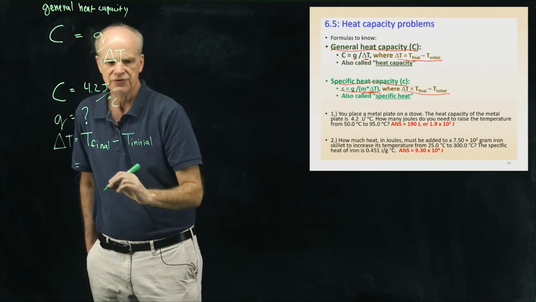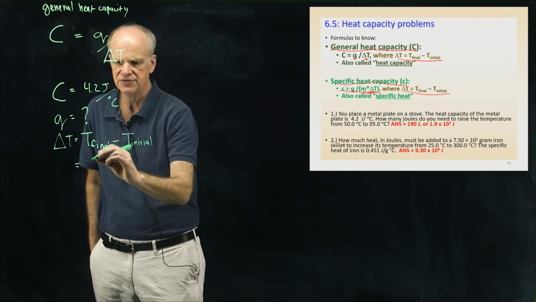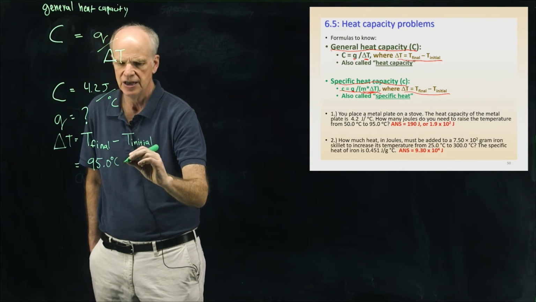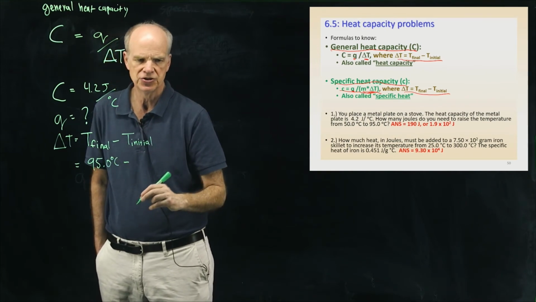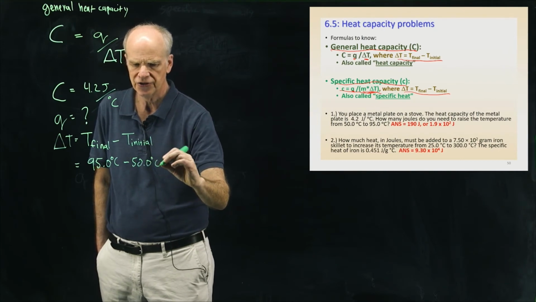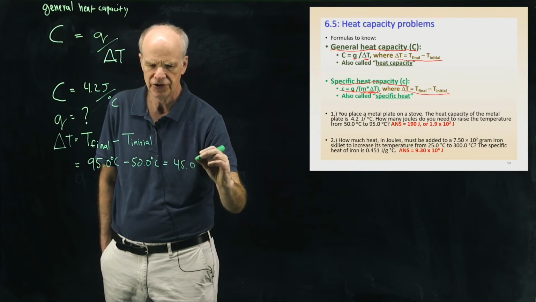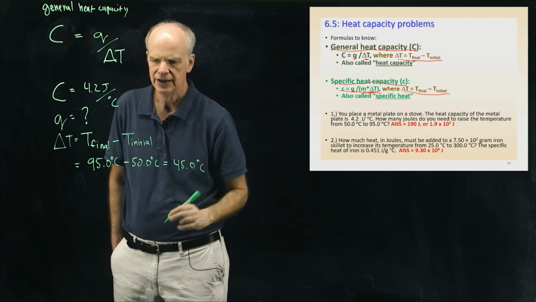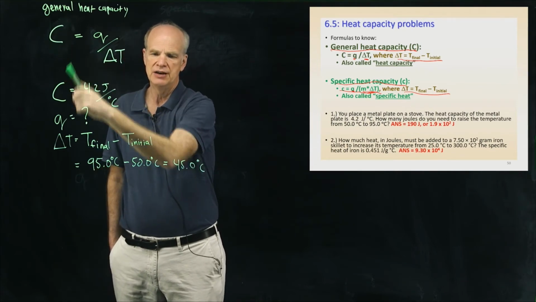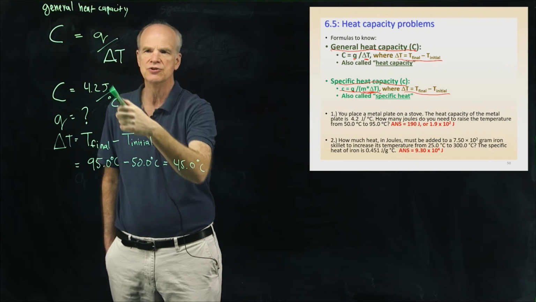The final temperature ends up at 95.0 degrees Celsius, and we subtract from it the initial temperature, which is 50.0 degrees Celsius. And so the temperature change is 45.0 degrees Celsius. At this point, we have assigned C and we have assigned delta T, so we should be able to plug these numbers in and get Q.